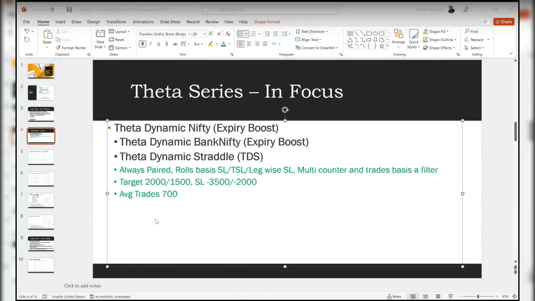When we talk about the dynamic Nifty and Theta BankNifty dynamic, both are essentially part of TDS and a mix of TDS and the expiry scalpers. We have been very clear that we believe that scalpers should only be run for expiries, primarily for a couple of reasons.